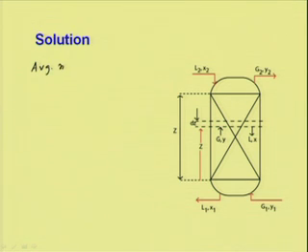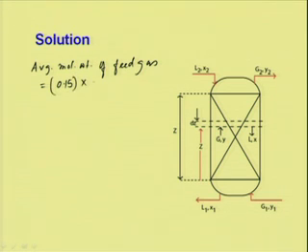Average molecular weight of feed gas is equal to 0.15, 15 mole percent, into 64 plus 85% is air into 29. So, this will give 34.25.